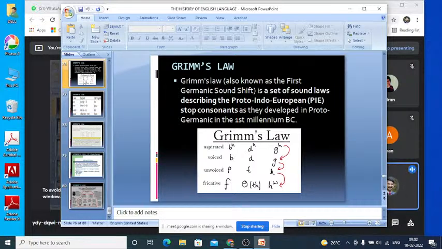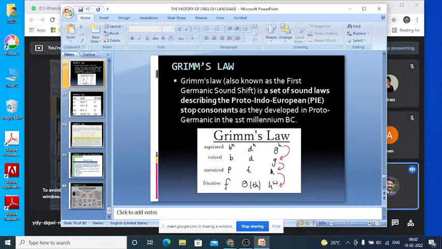And we have Jacob Grimm, who states that the Indo-European p, t, k sounds changed into f, th, and h in Germanic languages.